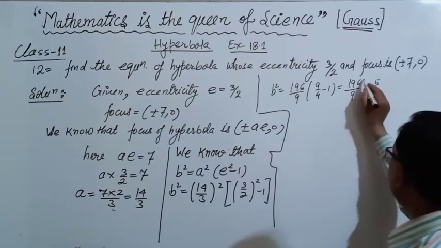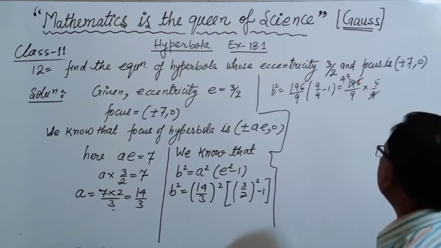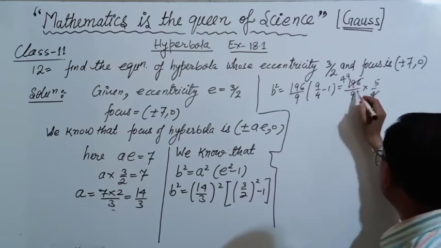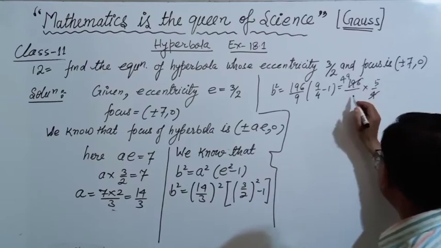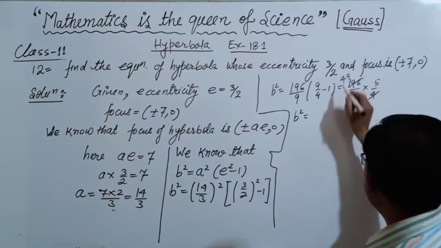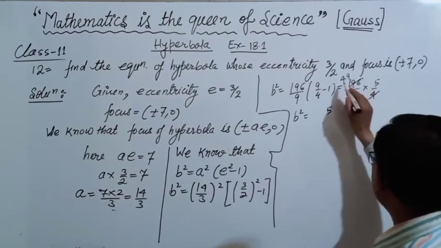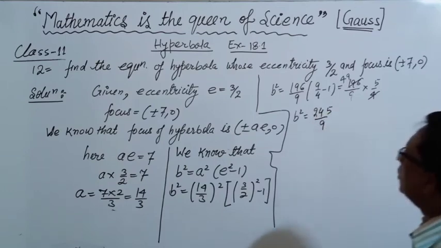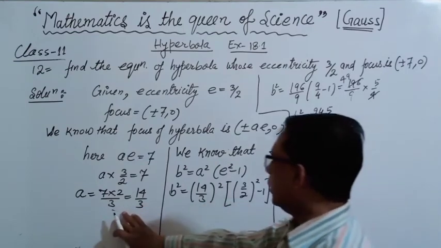Now this is cancelled out. 4 4s are 16 and 4 9s are 36. Now we multiply: 4 9s are 36, 4 5s are 20, and we get 245 upon 9. Student, this is the value of b square, and we also have a square.